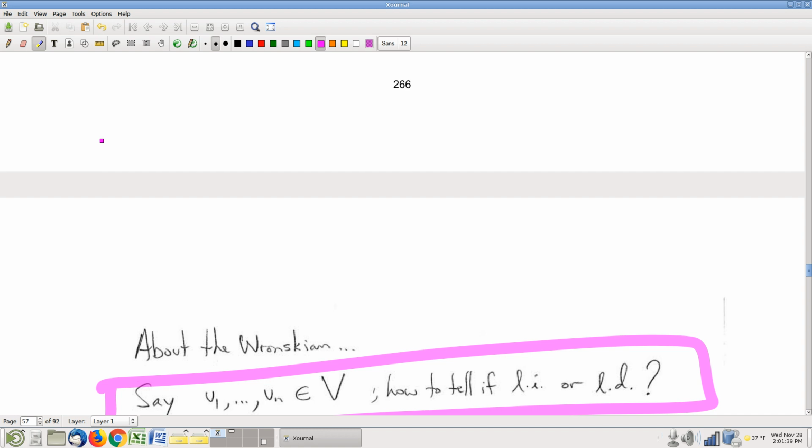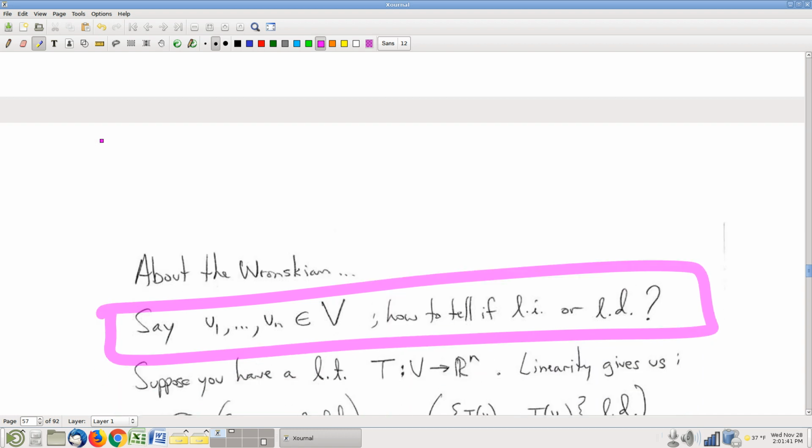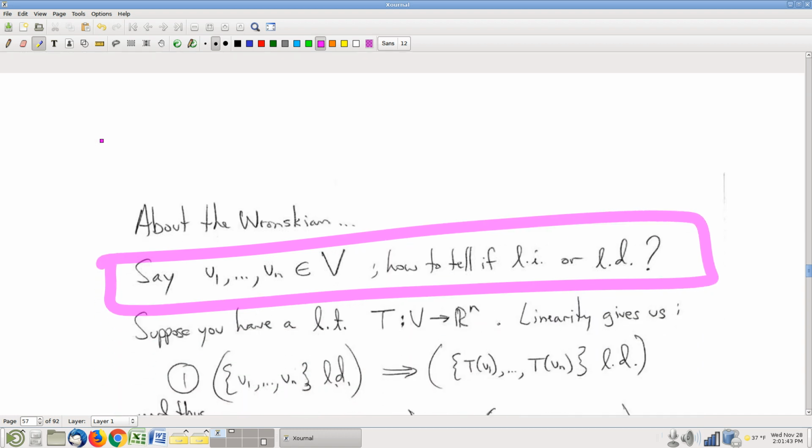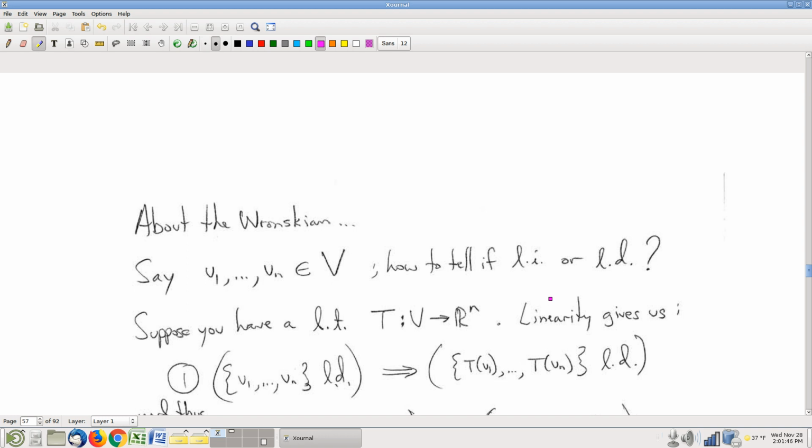Right? So here's the idea. This is a wonderfully simple idea. Make a linear transformation. Now you've got a vector space. You can define a linear transformation on that vector space. Now, very importantly, for reasons we'll see in a moment, I need the target of that linear transformation to be Rn.